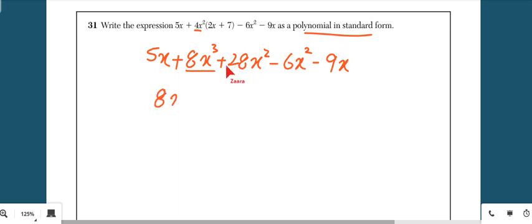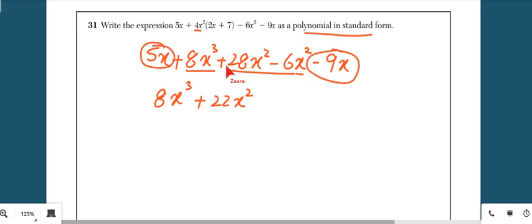So 8x cube. Now what is 28x square minus 6x square? The answer is 22x square. Minus 6. And then 5x minus 9x, the answer would be negative 4x. So this is the standard form for the polynomial expression.